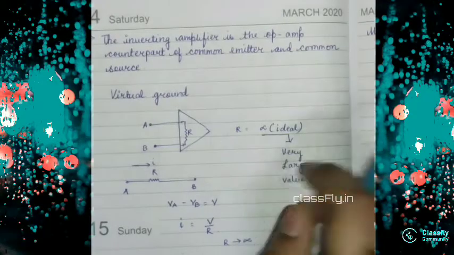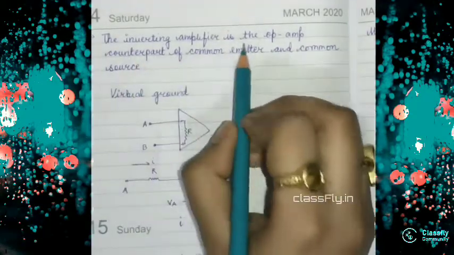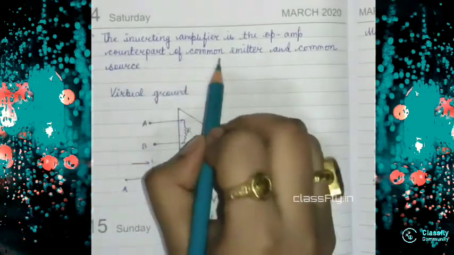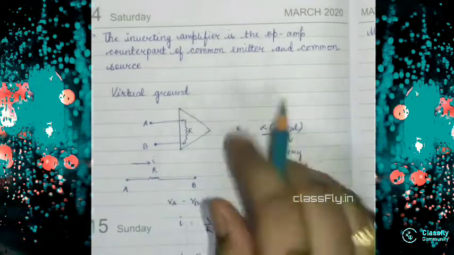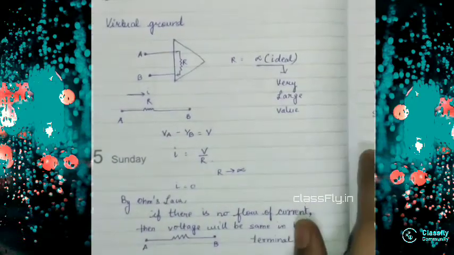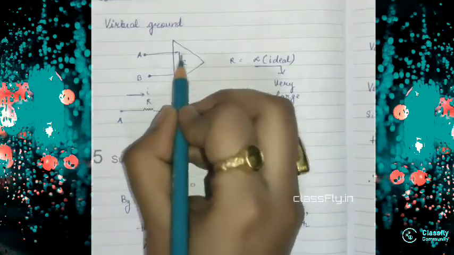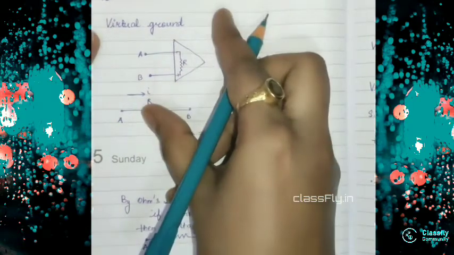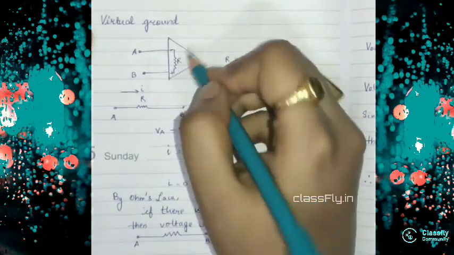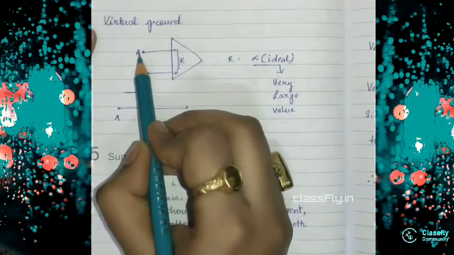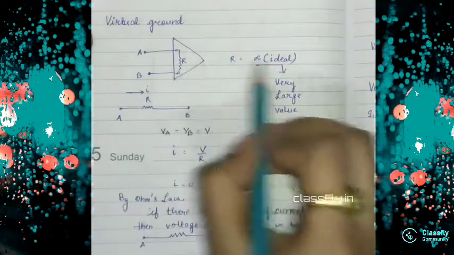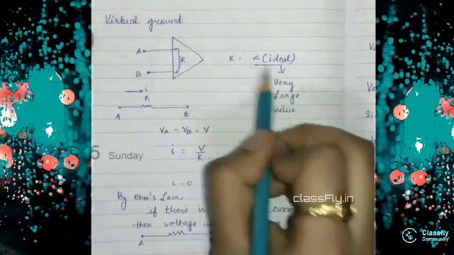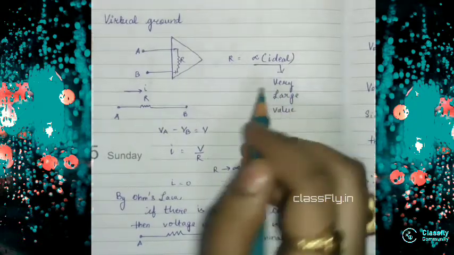See, before moving to the virtual ground, the inverting amplifier is the op-amp counterpart of the common emitter and common source. Okay. Basically, what is virtual ground? See, there is an inverting terminal and a non-inverting terminal. If we magnify and see the internal resistance, and let this be point A and this point B, in the ideal condition the resistance is infinity, that is, R has a very large value.